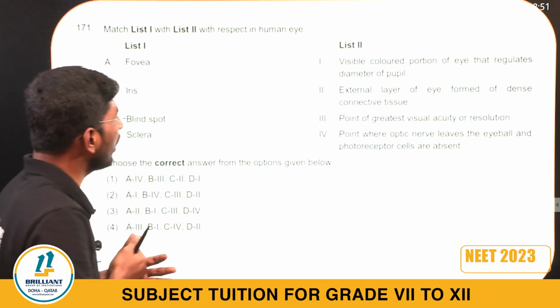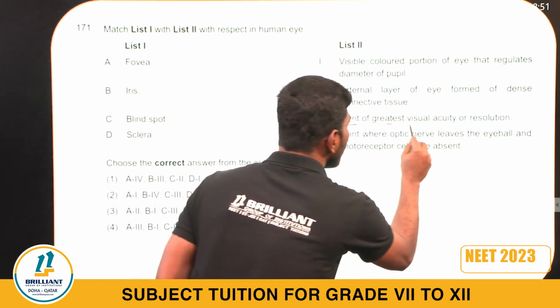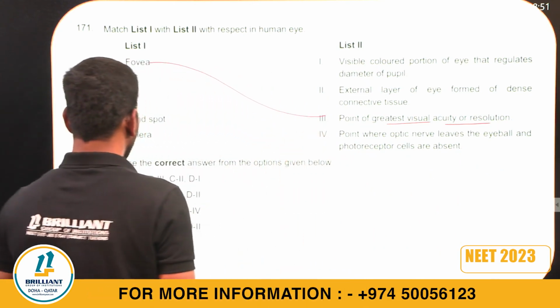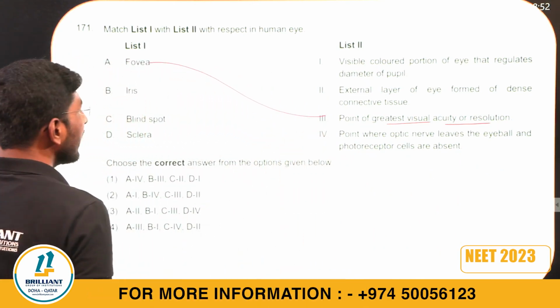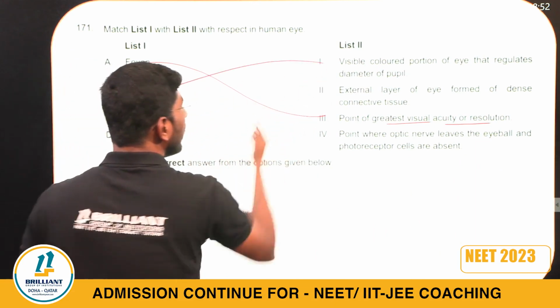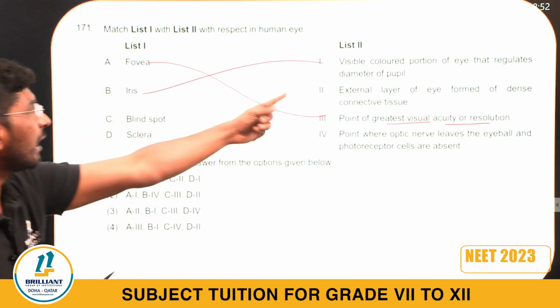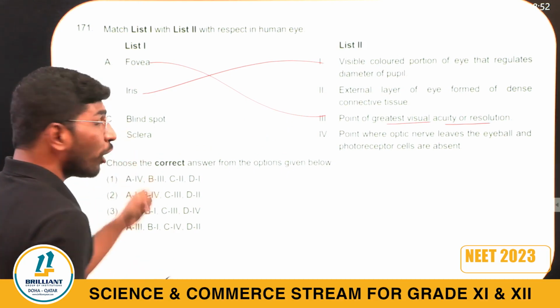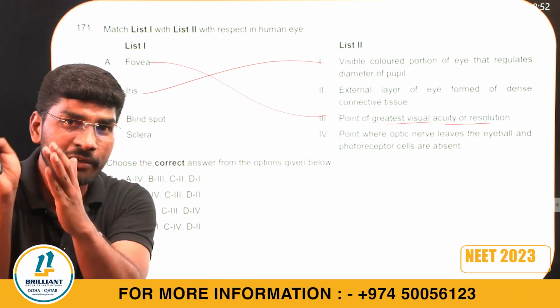So what is the right answer now? The point of greatest vision acuity: fovea, 3. Iris is the visible colored part of the eye that regulates the diameter of the pupil. Next, the blind spot, where the optic nerve leaves.